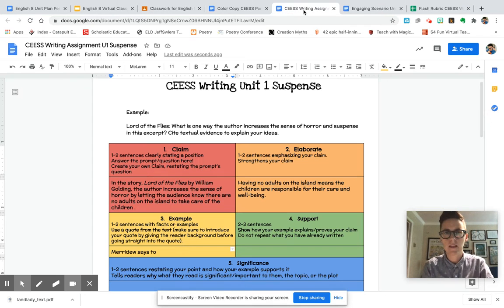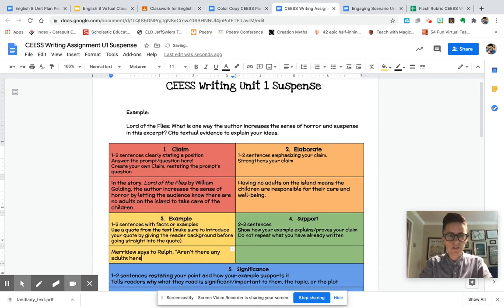Ralph. Meridew says to Ralph, aren't there any adults here? So now I've given an example.